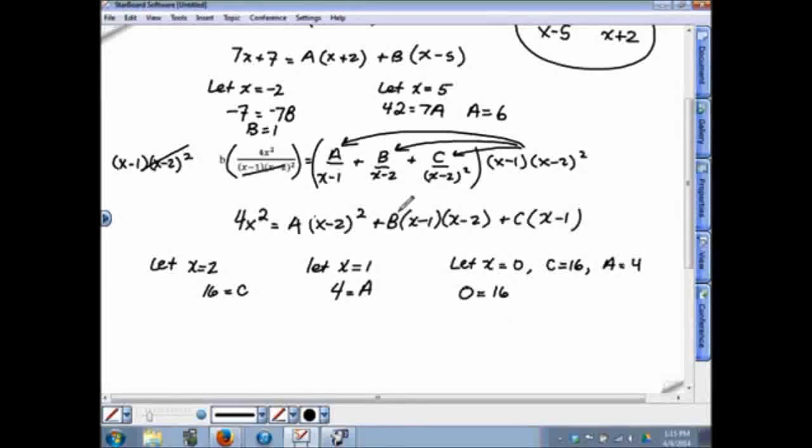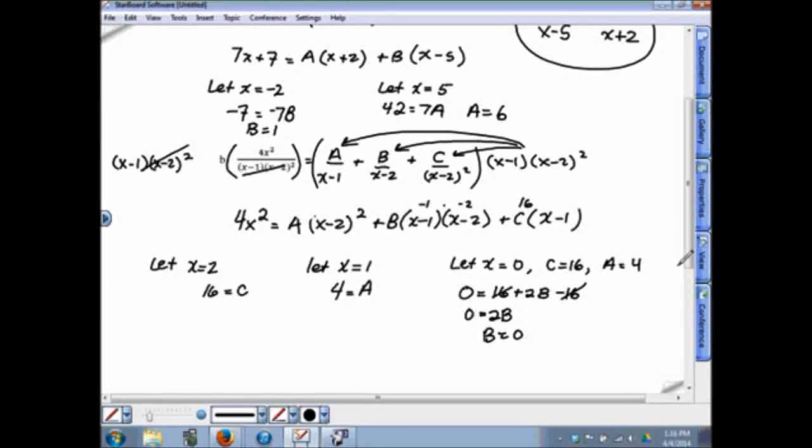And we don't know what b is, but x is 0, 0 minus 1 is negative 1, 0 minus 2 is negative 2, negative 2 times negative 1 is 2, 2 times b is 2b. And then over here, if c is equal to 16, and x is equal to 0, 0 minus 1 is negative 1, negative 1 times 16, negative 16. So those cancel, 0 is equal to 2b, and b is equal to 0.